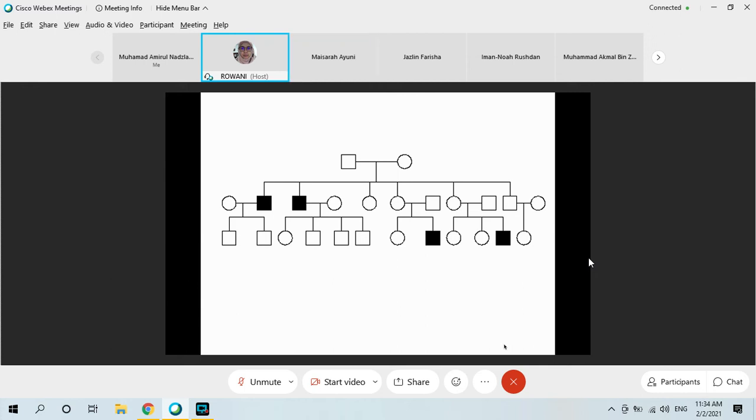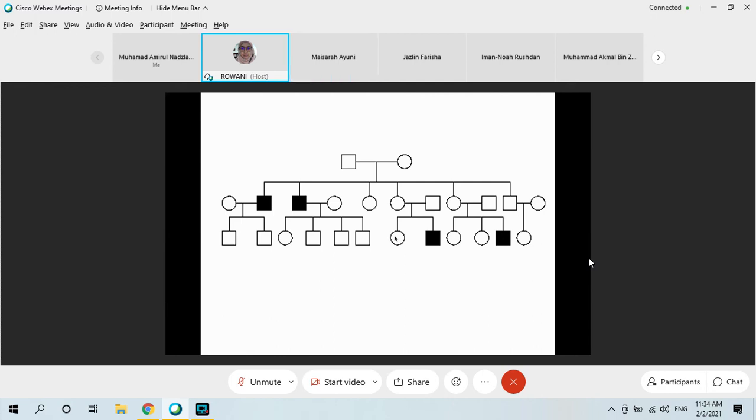So it runs vertically juga in the generation. Okay, lagi? What else do you see? Does the male transmit the disease to their children? No. So in the third generation, who do you think the disease comes from? Is it from the father or from the mother?